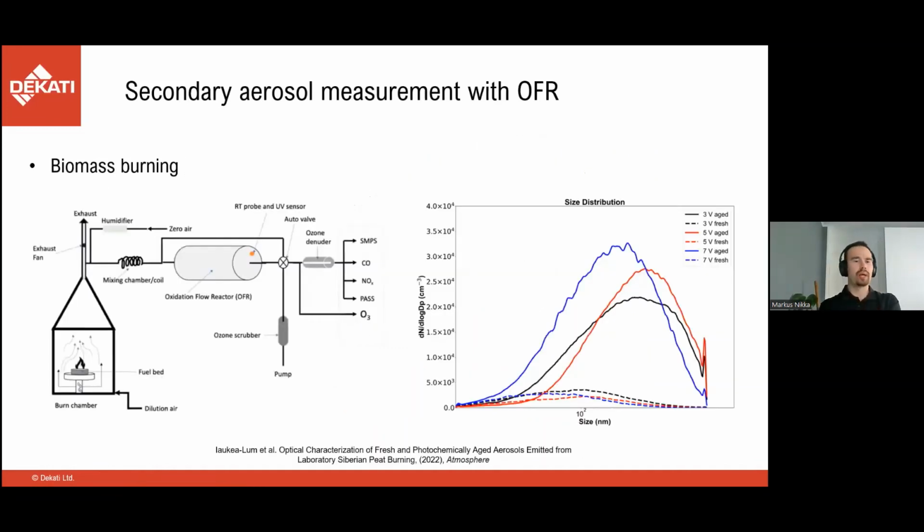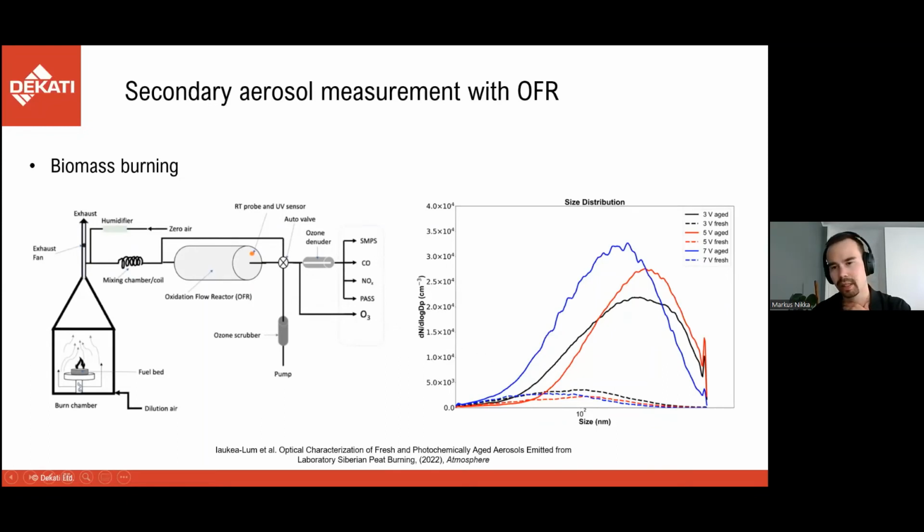There was also one study of biomass burning. They had, again, the biomass burner and the stack, and then the sample is taken. There's a humidifier and the OFR reactor, and then the instrumentation.